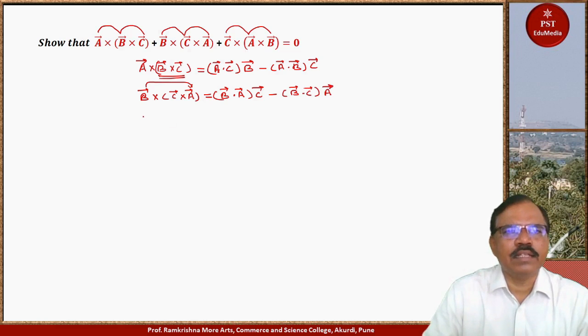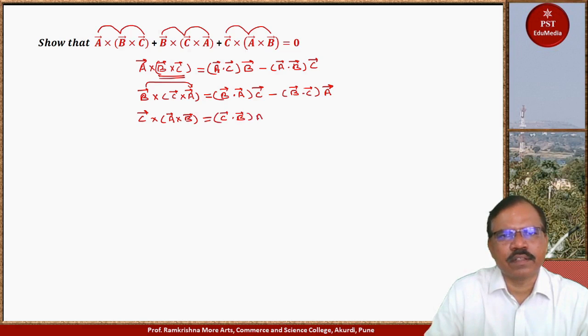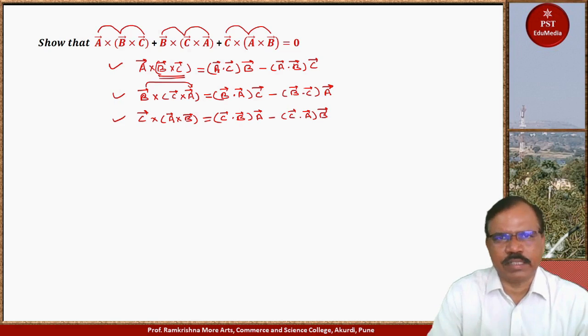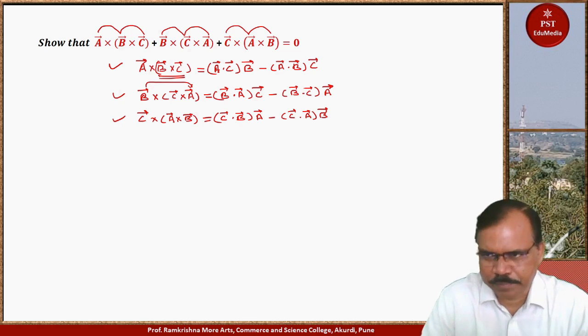And then C cross A cross B is equal to C dot B multiplied by the second vector, minus the first vector dot the second vector multiplied by the third vector. We have considered the orders of the vectors and taken the identity accordingly.